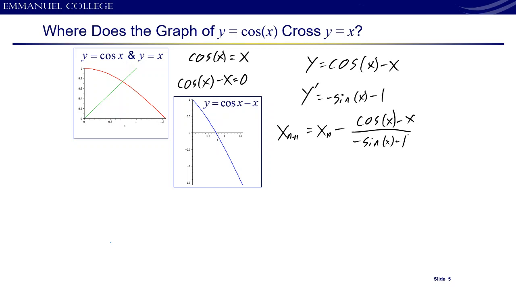And if you want to bring in the negative to clean it up, you can. I need to make all of these with their subscripts. Then you would iterate this over and over again, and this would give you a good idea of where the two functions are equal by reframing it into what is the root of this equation. So a lot of Newton's method is just reframe the idea.